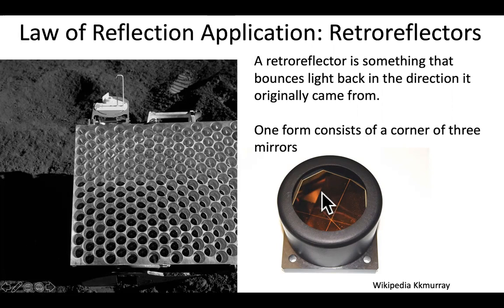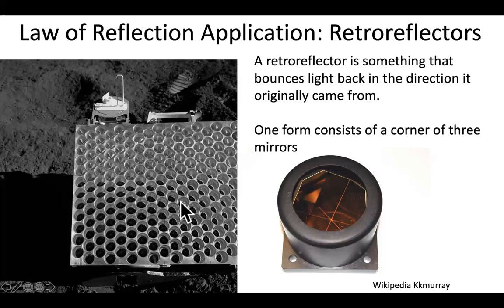So if you shine a flashlight by your eye at a retroreflector, no matter how you hit it, you will see light come back. Things like this are often used in road signs, because then the headlights, no matter how they hit the sign, send light back to you.